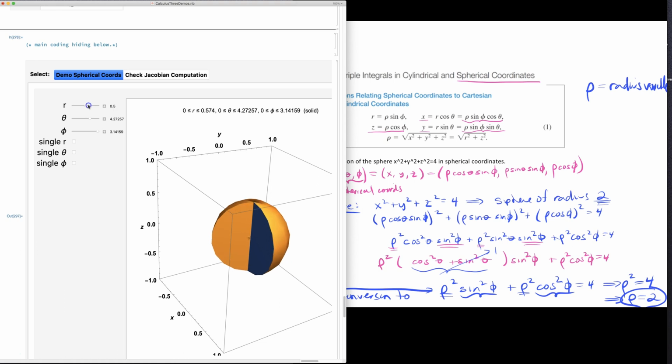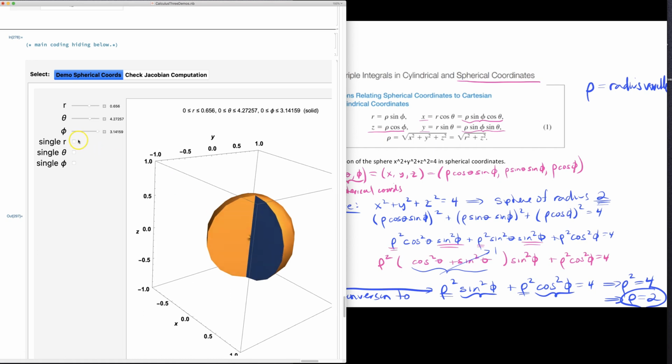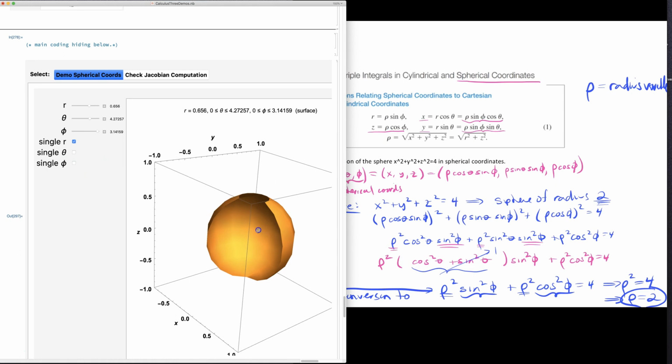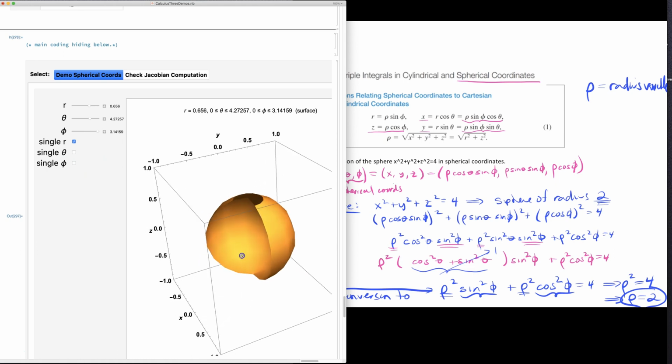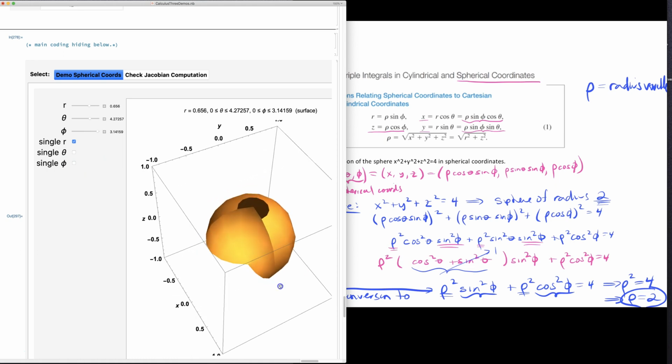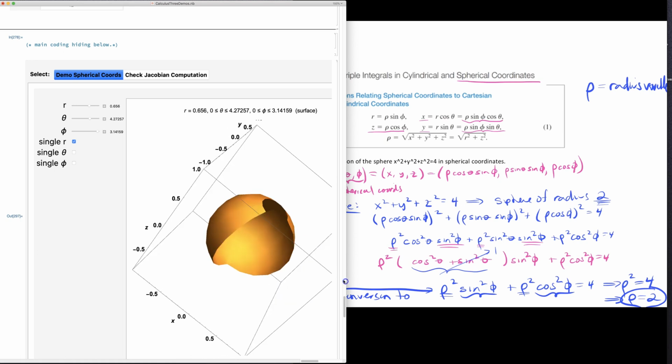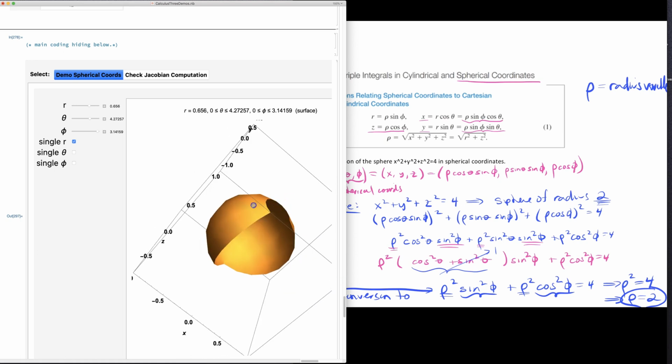Okay. If we choose to pick some of these variables equal to a constant, let's let rho equal a constant, you will know it will no longer have a solid region as we are seeing here. We will have only two variables that can change, and in this case rho is equal to a constant, which means that we have the shell of a sphere.